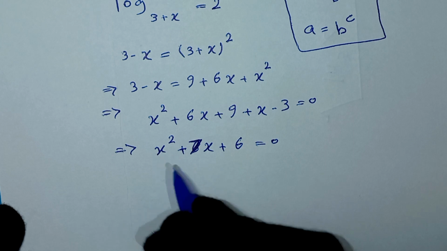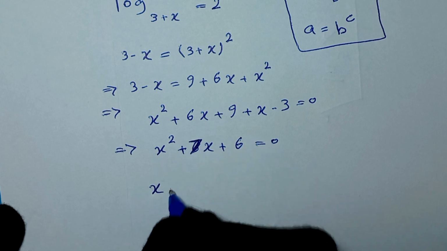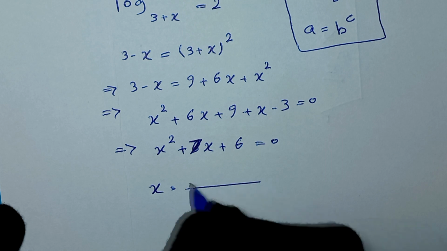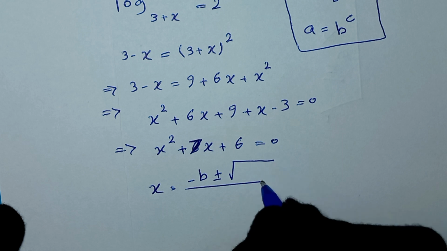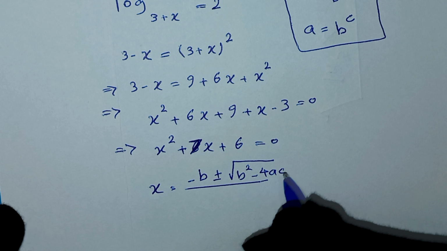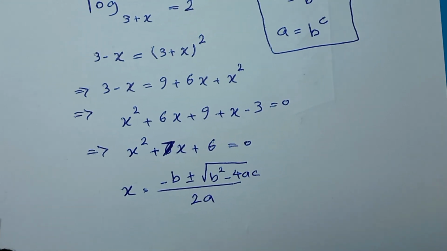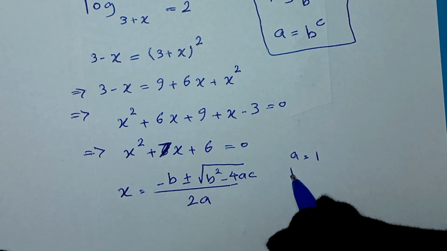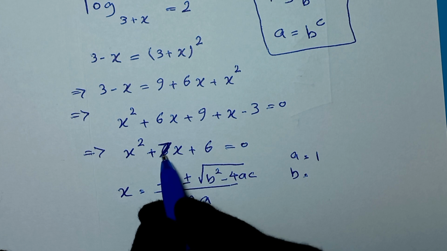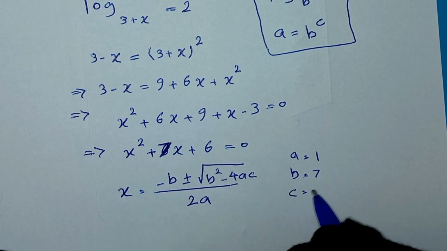And to solve this quadratic equation, we use the quadratic formula, which is x is equal to negative b plus or minus square root of b squared minus 4ac over 2a. And here a is the coefficient of x squared, which is 1, and b is the coefficient of x, which is 7, and c is the constant 6.